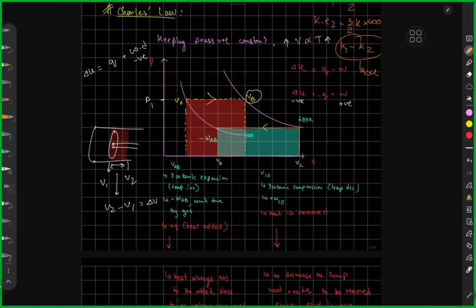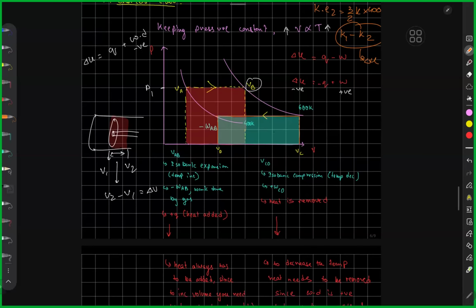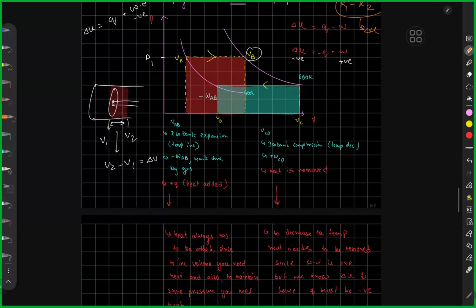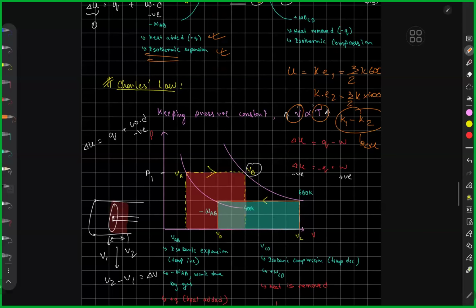Okay. Heat being taken out of the system. That's what we understood from all of this relation. Okay, so isobaric expansion is what it's called when at the same pressure, volume expands. Temperature increases in such a case. Volume increases, temperature increases.